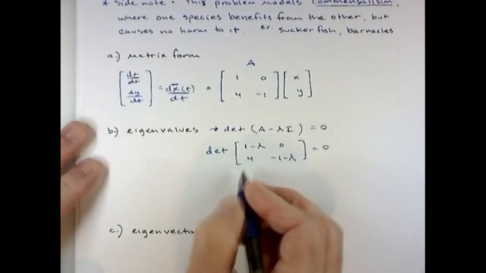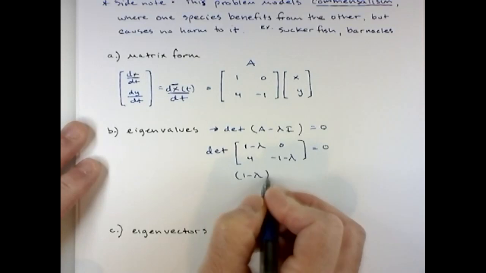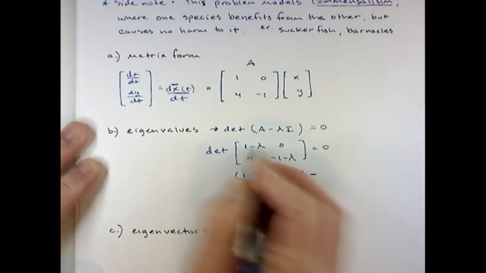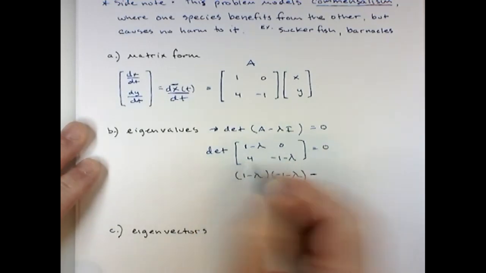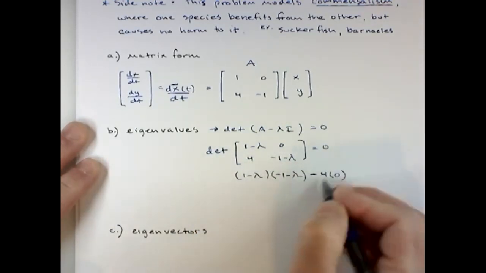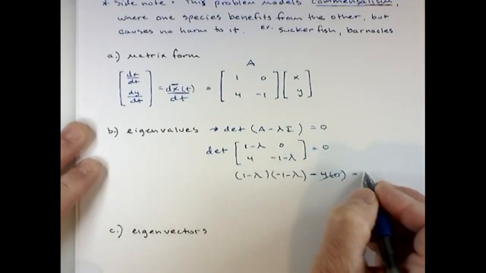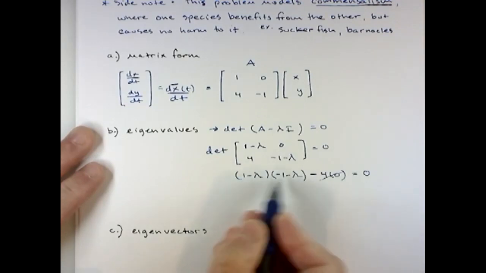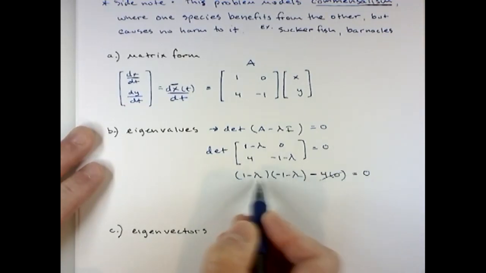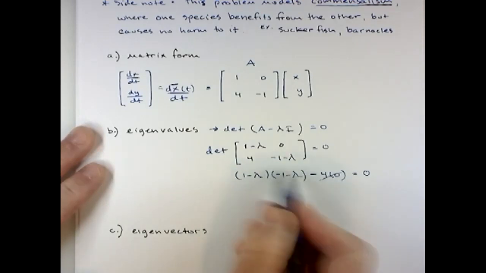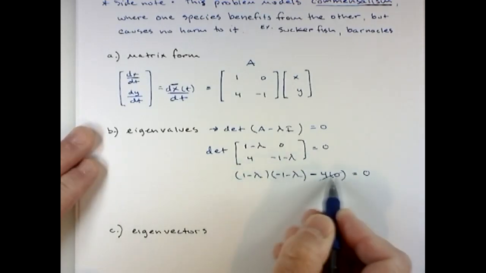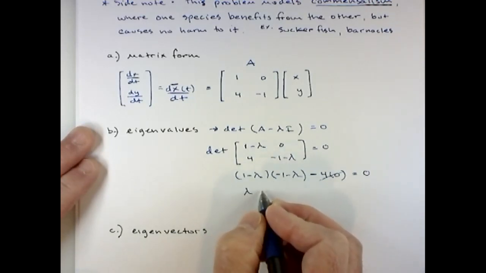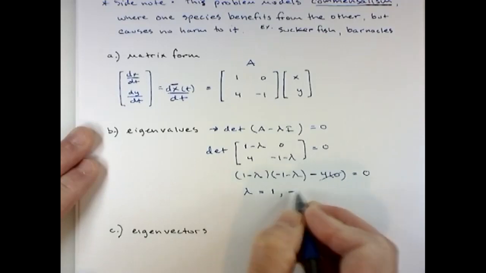When we do the determinant, you get 1 minus lambda times negative 1 minus lambda, minus the off diagonal product, which is 4 times 0, but that's just 0. It's already factored for us. If this was not 0, we'd have to FOIL this all out like we did on Wednesday and refactor it. But basically our eigenvalues are staring right at us. It's 1 and negative 1.